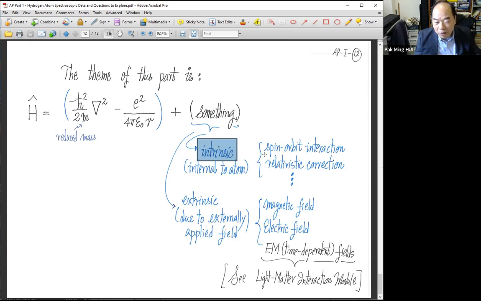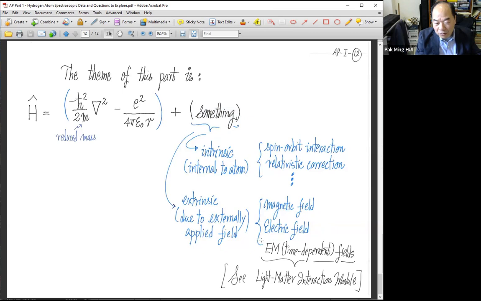There are examples here: relativistic correction, we have already seen; spin-orbit interaction, we will discuss. There are also extrinsic effects, meaning if you have money to buy a big magnet, then you can apply a magnetic field. And then you can use a current loop to apply a field that is going to give us some external effect that comes into this Hamiltonian as that extra piece.